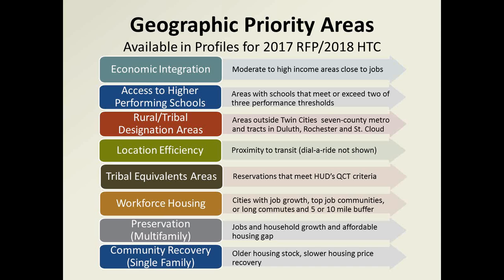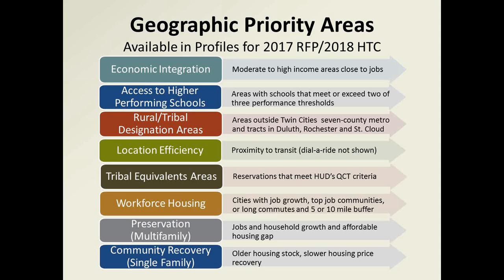Workforce housing includes cities that have seen job growth, are top job centers, or have a significant portion of their workforce traveling long distances into the community. The workforce housing layer has been updated to include the latest employment centers and long commute communities.